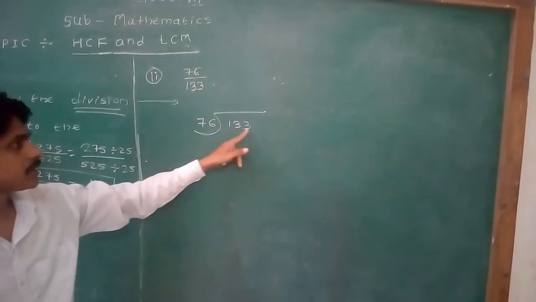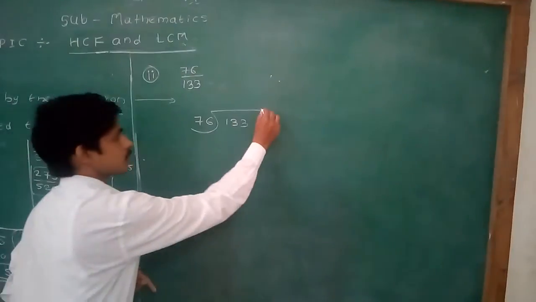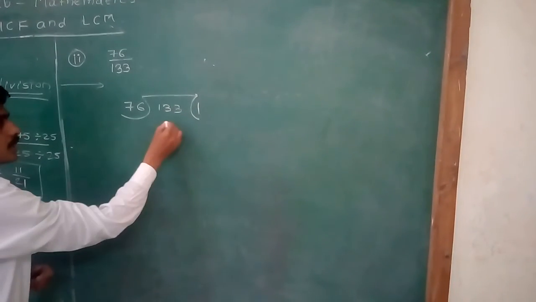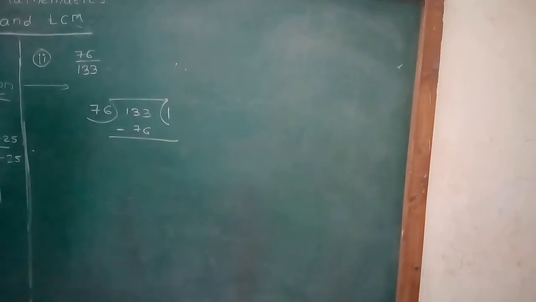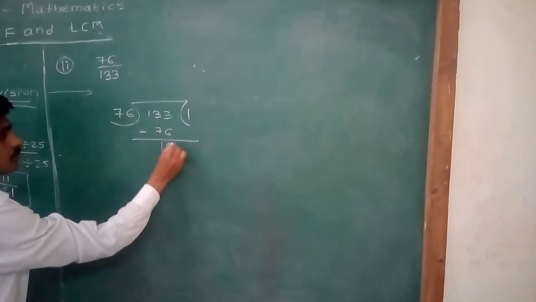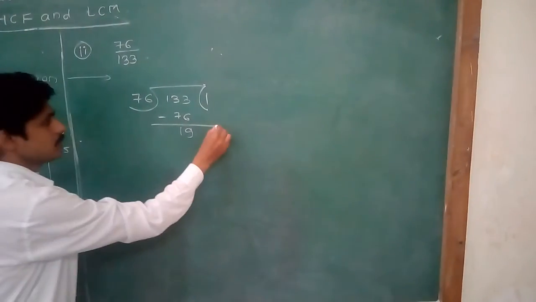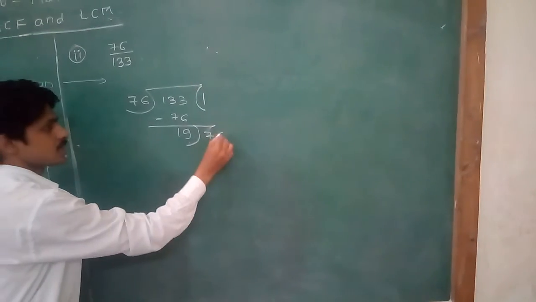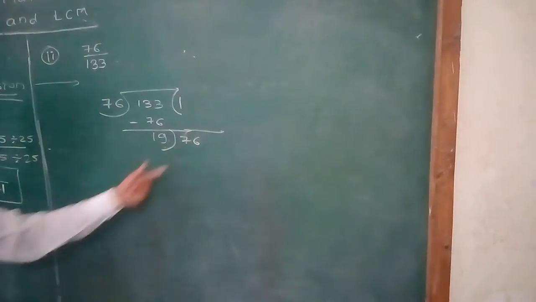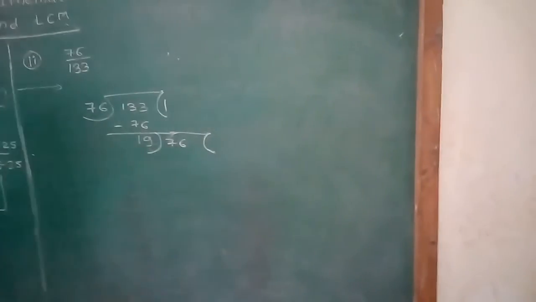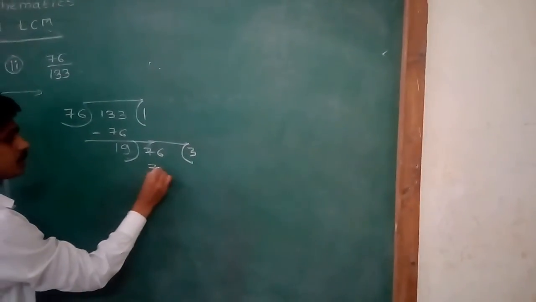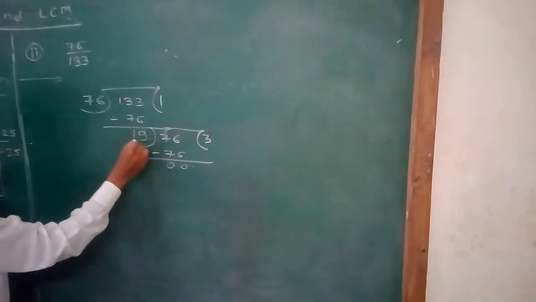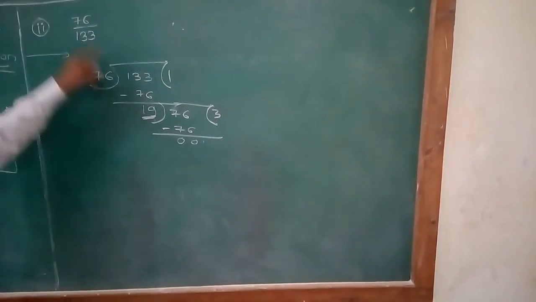We divide 133 by 76 and get quotient 1 here and 76 here. By subtracting we get 57.